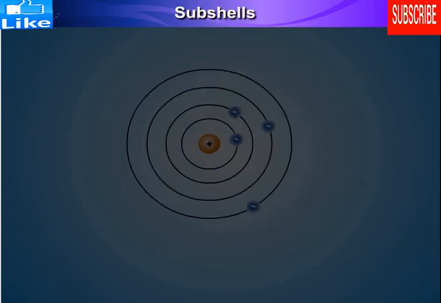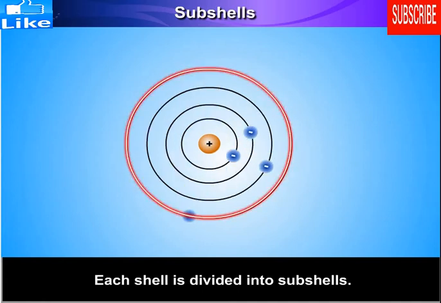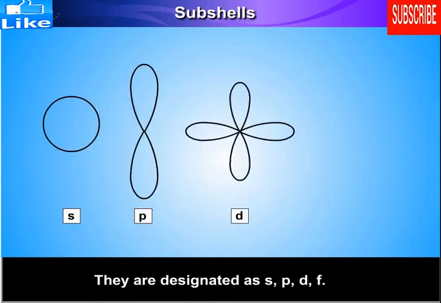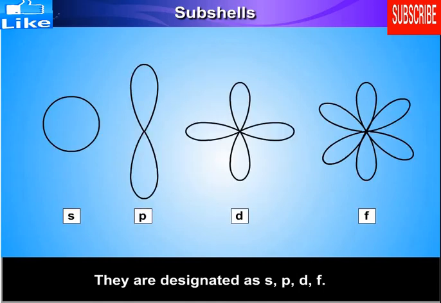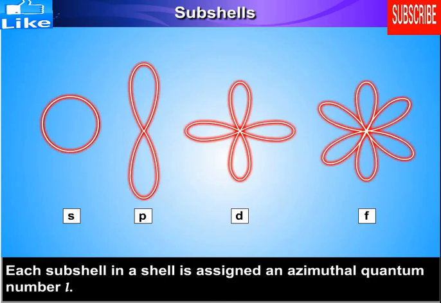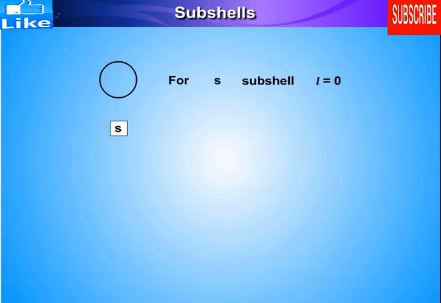Subshells. Each shell is divided into subshells. They are designated as s, p, d, f. Each subshell in a shell is assigned an azimuthal quantum number l. For a given value of n, l can have n values ranging from 0 to n minus 1. For the s subshell, l equals 0.